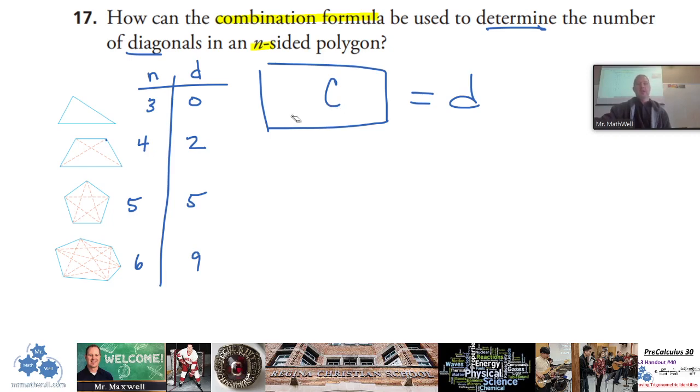So do we have to adjust this n? Do we have to go n plus 1 or n minus 3 or n minus, I don't know. What's here and what's here? Can we build something that matches all of these numbers? That's what you're trying to figure out. You could just trial and error things. 3, 0, 4, 2, 5, 5, 6, 9.